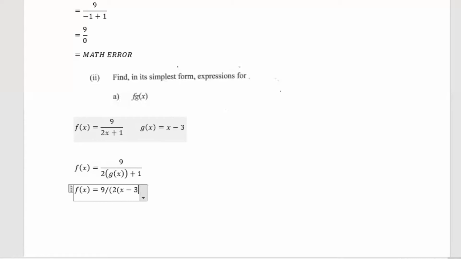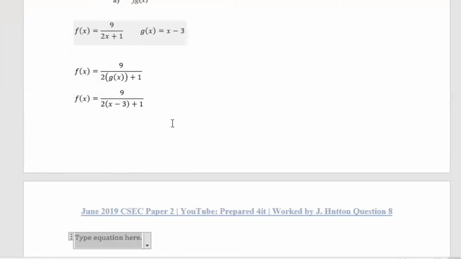minus 3 plus 1. So now working out the bracket there, we'll have 2 multiplied by x and then 2 multiplied by negative 3. So f of x is equal to 9 divided by 2 multiplied by x will give us 2x, and 2 multiplied by negative 3 will give us a negative 6 plus 1.